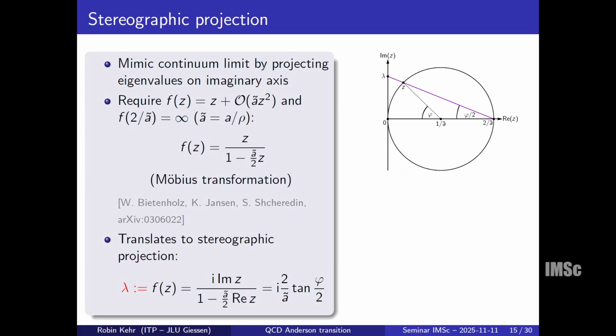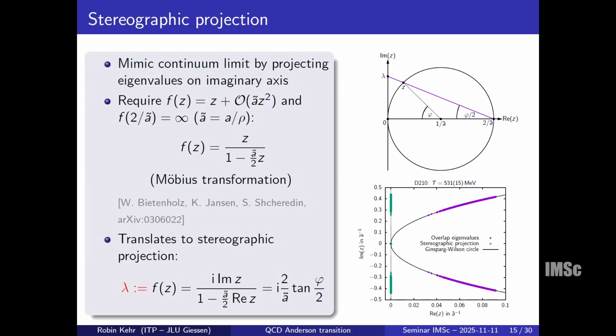And when we are on this side of the circle, it has to get projected to infinity in order to make sense. This singles out the so-called Möbius transformation, which can be translated to the stereographic projection, which you see here. So we go through this point and through the eigenvalue on the Ginsparg-Wilson circle and project it onto the imaginary axis. And here you see an example of how that looks for one temperature.